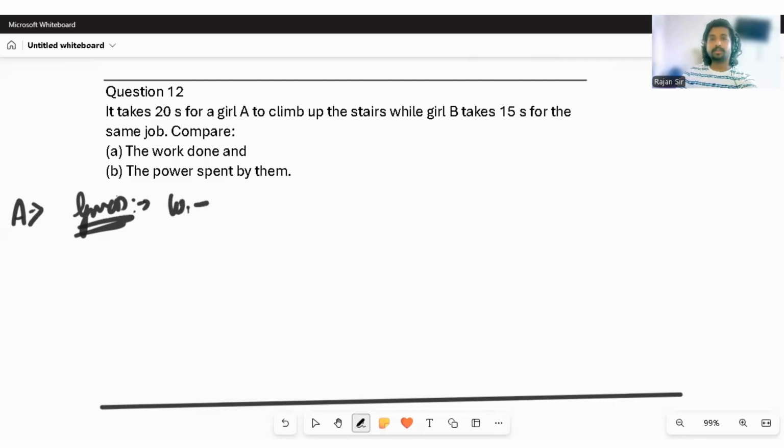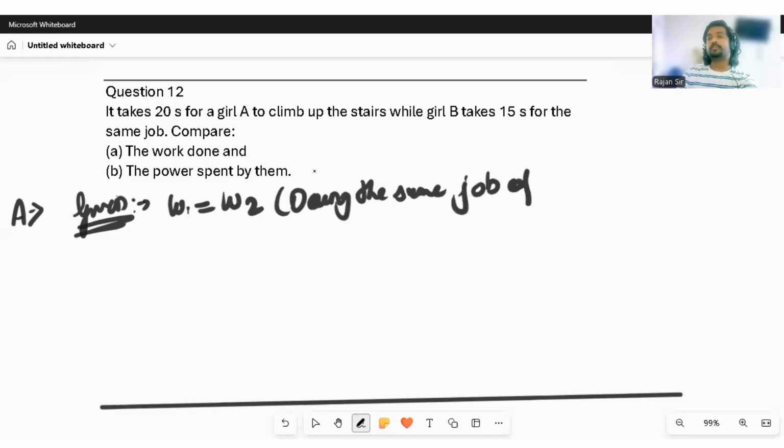So the work done W1 is equal to W2, because they're doing the same job of climbing the stairs.